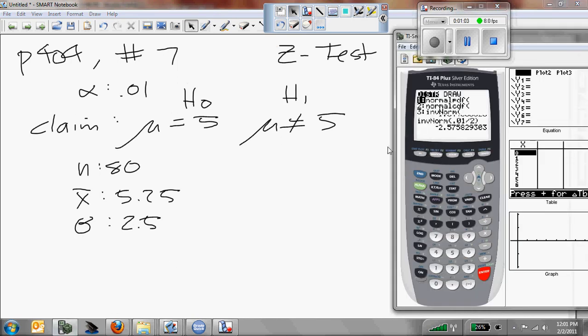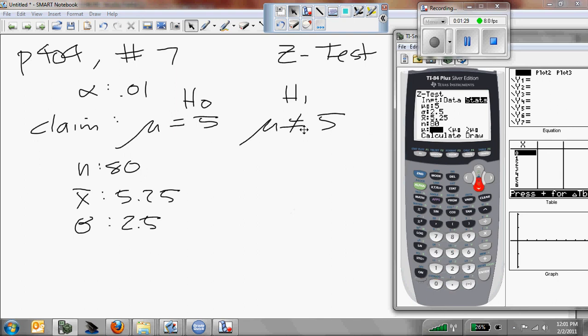So we pull up in our calculator, stat, test. Z-test is the first option. We're given the stats, so we should have stats highlighted. The value of the null hypothesis is 5. Sigma is 2.5. X bar 5.25. And N is 80.